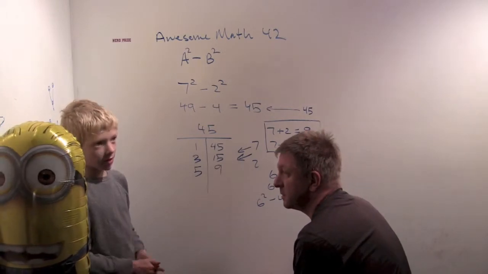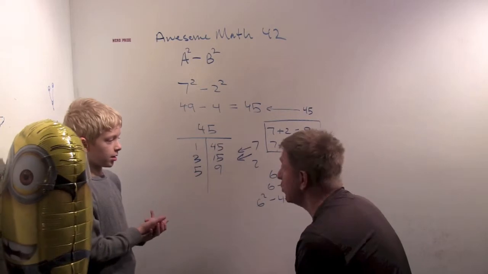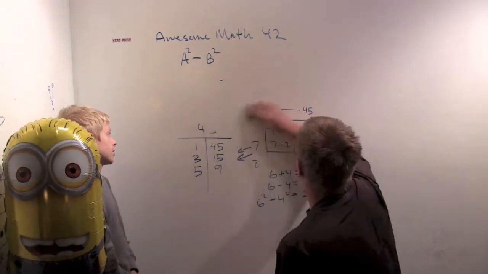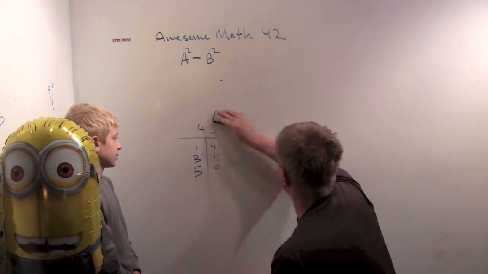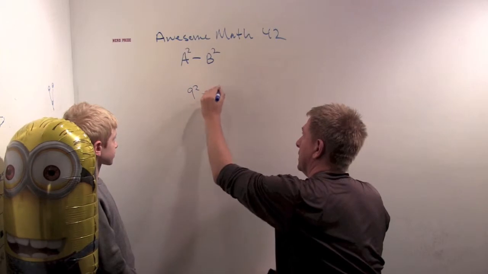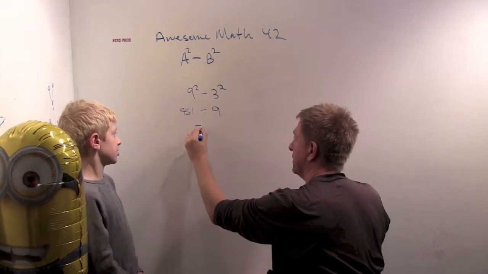Well, let's try 9 squared, 81 minus 9. Ooh, 9 squared minus 3 squared. Very tricky. Okay. What is 81 minus 9? That's 72.